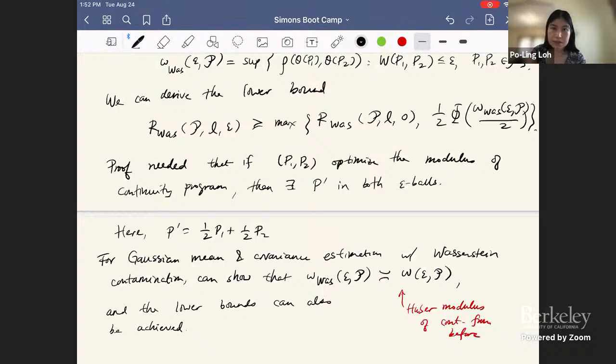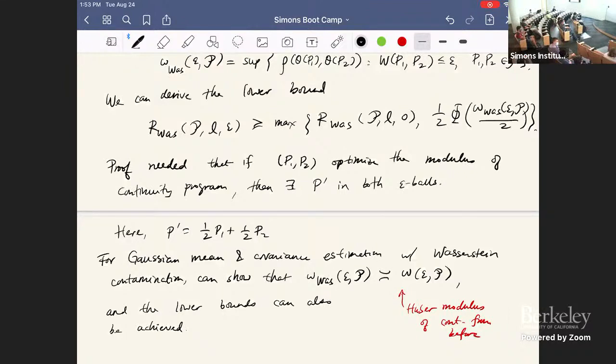I don't know off the top of my head. It does have an information computation gap, robust sparse mean estimation. But without sparsity, the story is different. I guess the short answer is it's complicated, but robust sparse mean estimation does. Great, thanks.